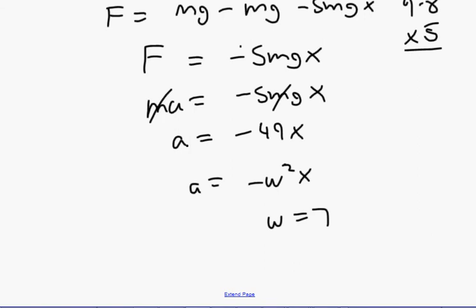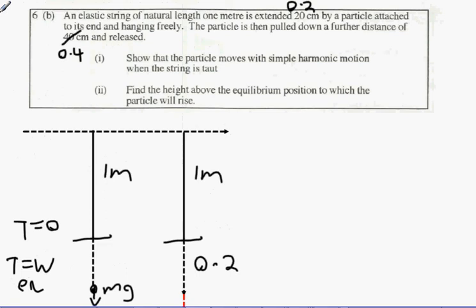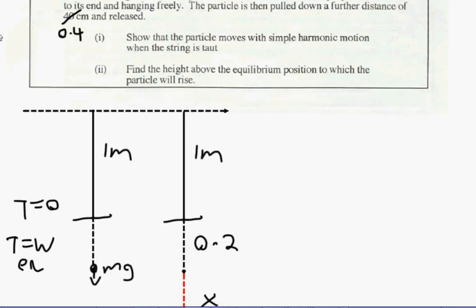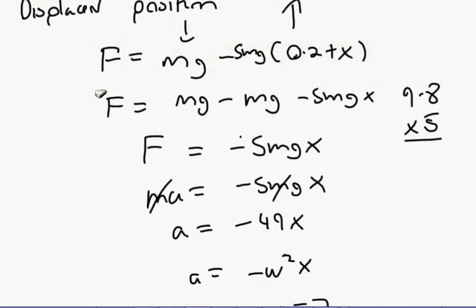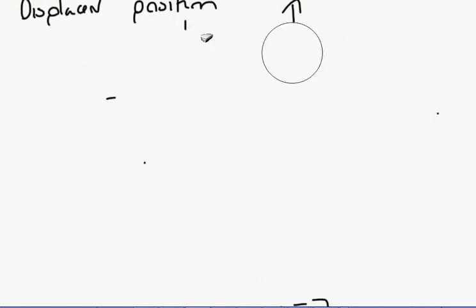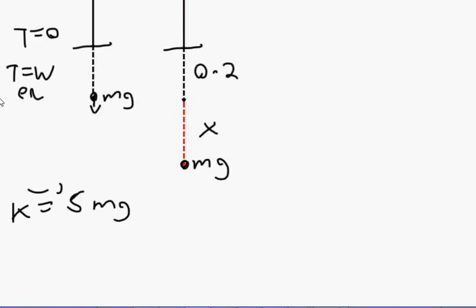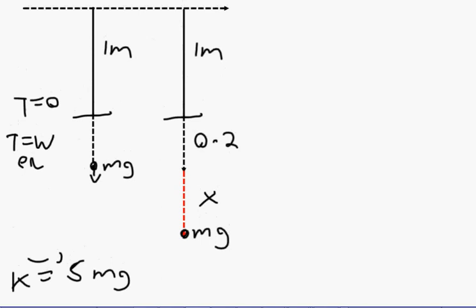Okay. Next one after that. Find the height the particle will rise above the equilibrium position. Okay, so omega equals 7. We just need to remember that. Now, what I can do here, guys, remember what we learned from the last question. We can use the cos function to get us right to the other end right away.